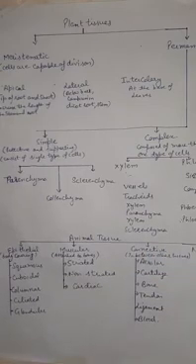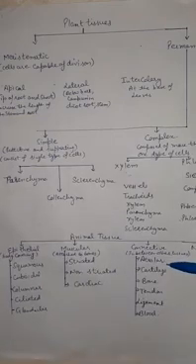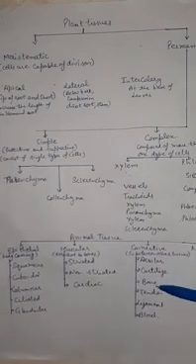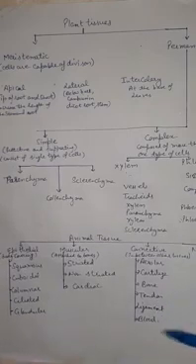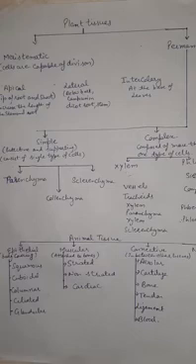Connective tissue has further types: areolar tissue, cartilage, bone, tendon, ligament and blood. Areolar tissue is present between other tissues and organs, and its function is binding and repair of body tissue. Next is the cartilage.